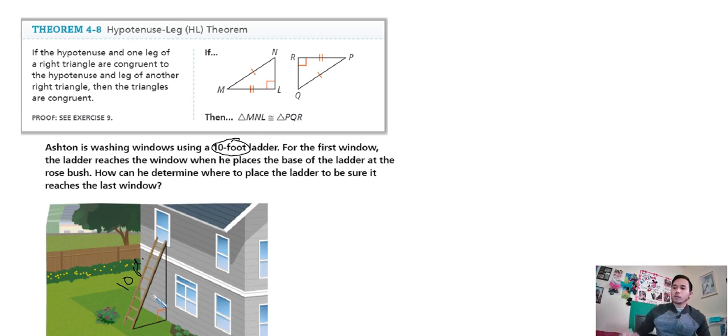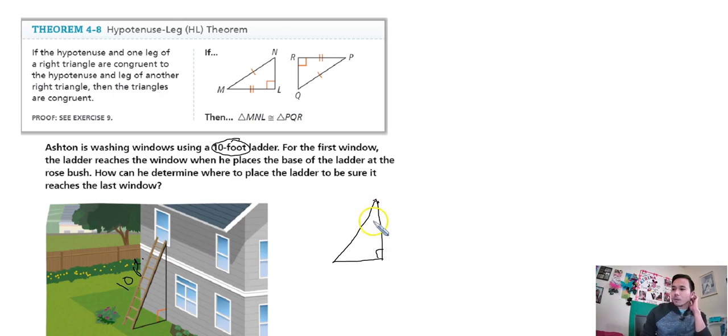So the ground, the ladder, and the side of the house form a right angle. I'll just redraw this one. This is the wall, this is the ladder, and this is the ground, and they form a 90-degree angle.